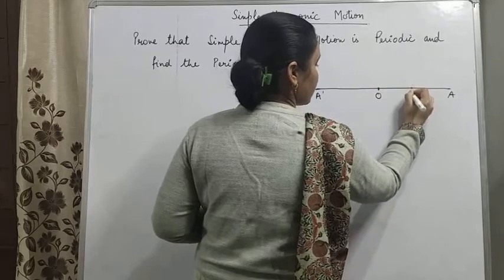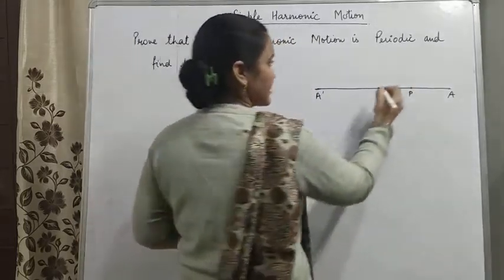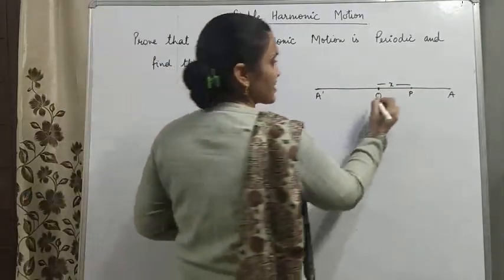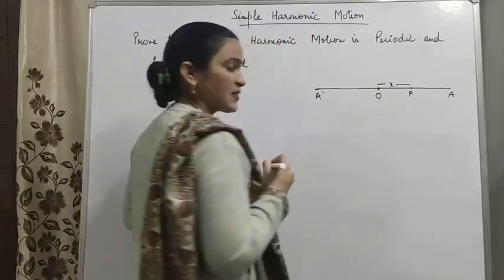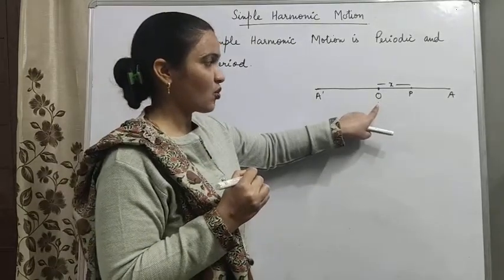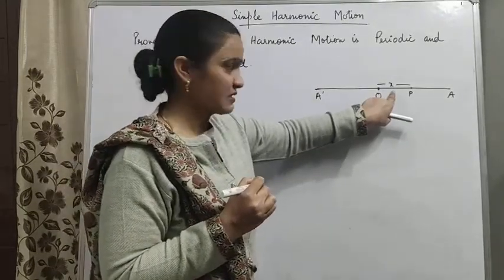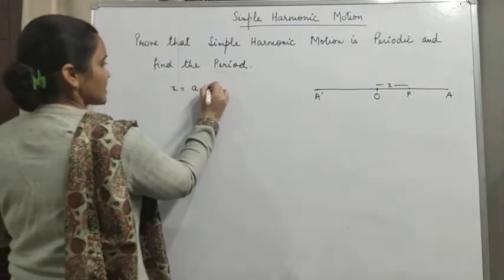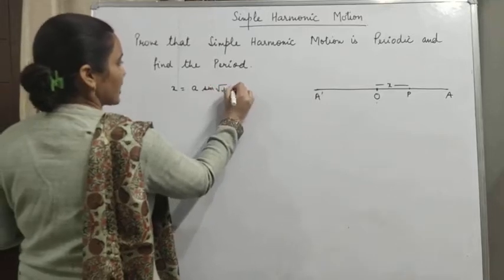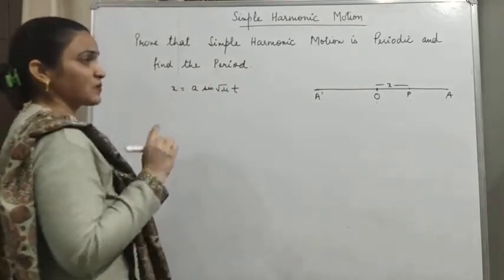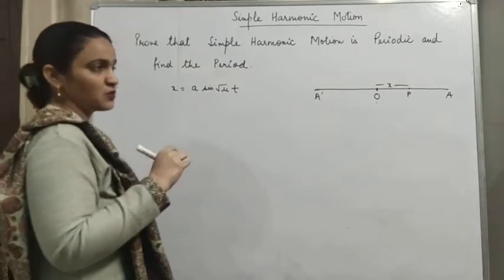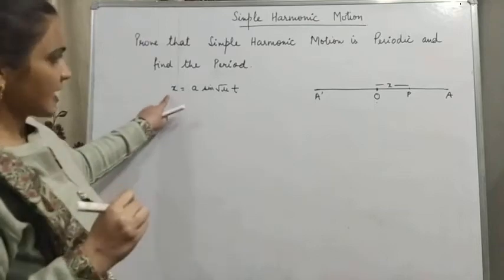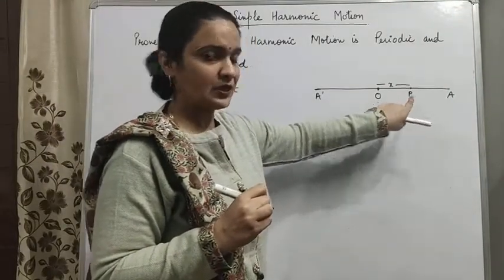Let P be the position of the particle at any distance x from the fixed point, and time is measured from the mean position O. When time is measured from the mean position O, what is the value of x we did last time? The position x is given as a sine of root mu times t. So this is the expression for distance x at any point P.